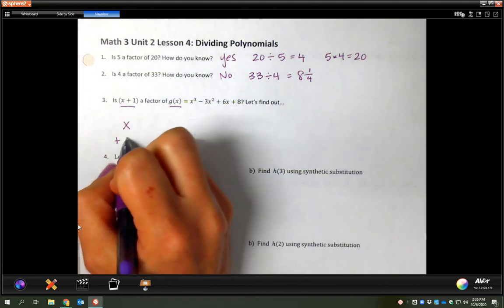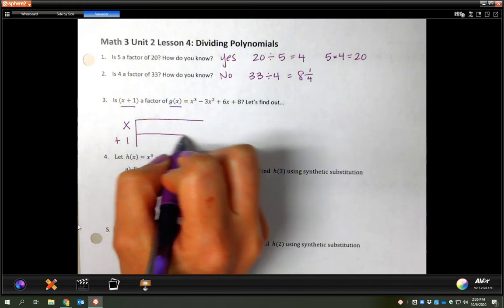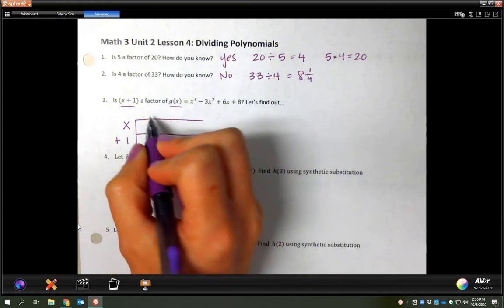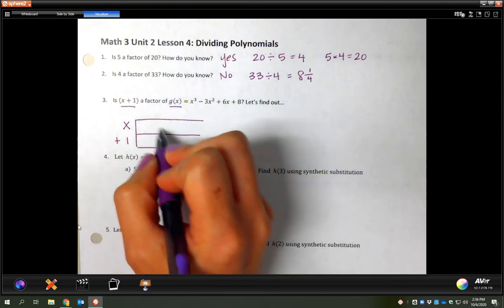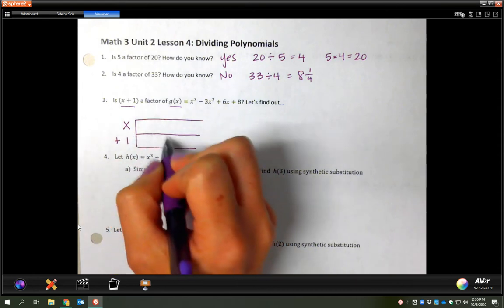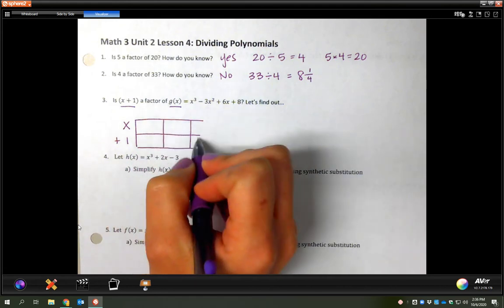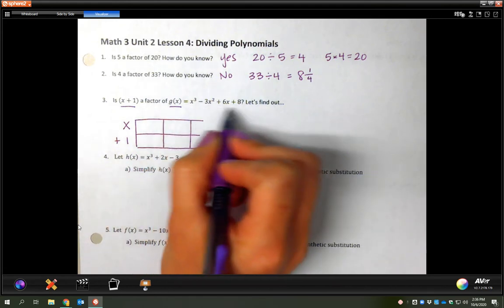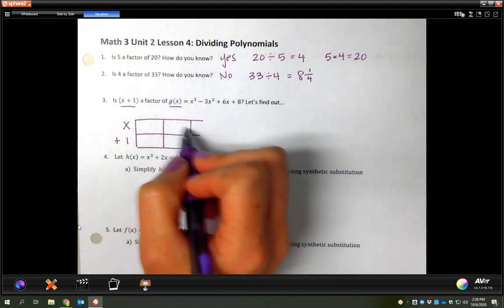I'm going to put x plus 1 along the side, and I'm going to try to see if there's something I can multiply across the top to x plus 1 so that everything on the inside of the area model, all these boxes, combine and add up to equal g of x. So I want to figure out what goes along the top to multiply to x plus 1 to get g of x on the inside.